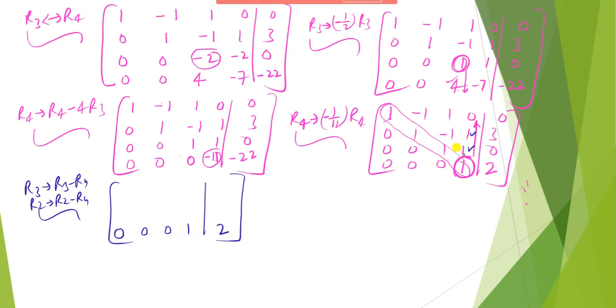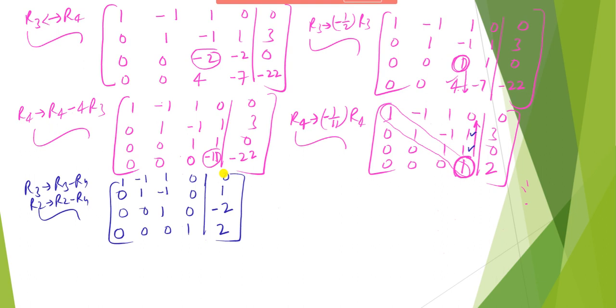Now the change: 1 minus 1 is 0, 1 0 0, 0 minus 2 is minus 2, 1 minus 1 is 0, minus 1 1 0, 3 minus 2 is 1, and write the first row as such: 1 minus 1 1 0 0. So this is the change in the first, second and third rows.